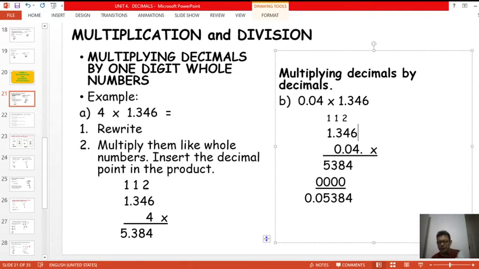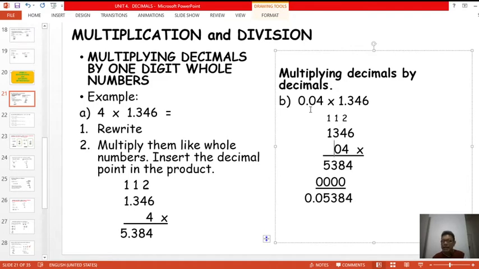Multiply them like a whole number, so meaning we gotta take out the decimal points. Now remember, we only have two decimal places here, so that you won't get lost or confused, take out this 0, because this 0 by right is not included.